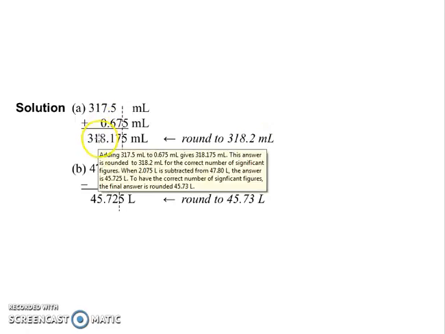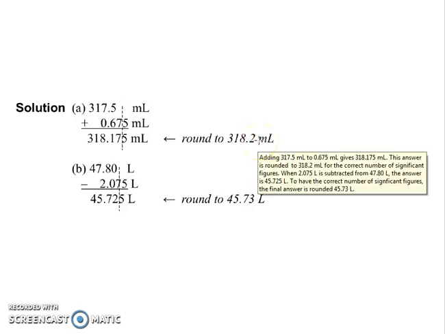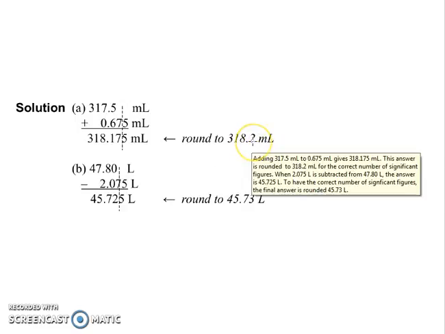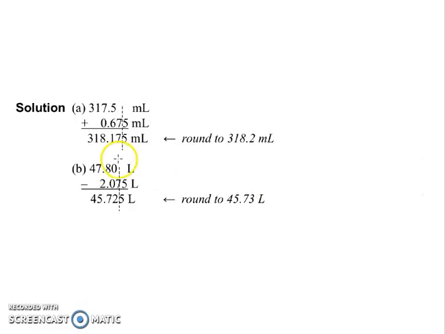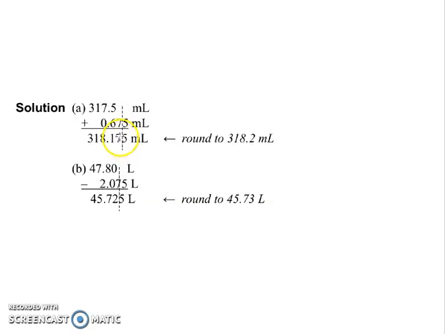When you add these together, you'll get this value, but you will need to round it. The rule for rounding is, whichever value you need to round to, you use the digit beside it. If it's 5 or above, then you go up. If it's 4 or below, then you go down.